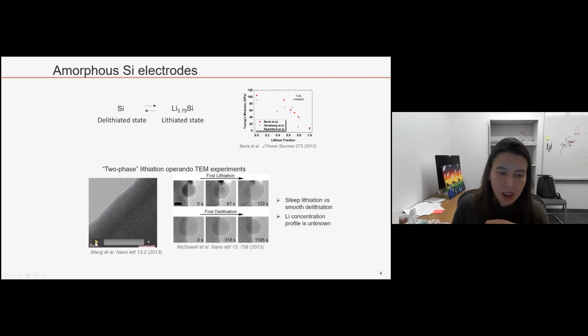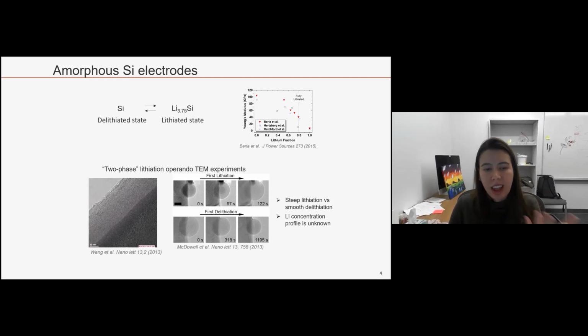So here's one video of the amorphous silicon being lithiated. You can see the top area here is where the lithium is coming in, and it's expanding. But interestingly, you see this very sharp interface between the lithiated and unlithiated regions. And that's kind of surprising because this is not a phase transforming material. You have amorphous and amorphous.